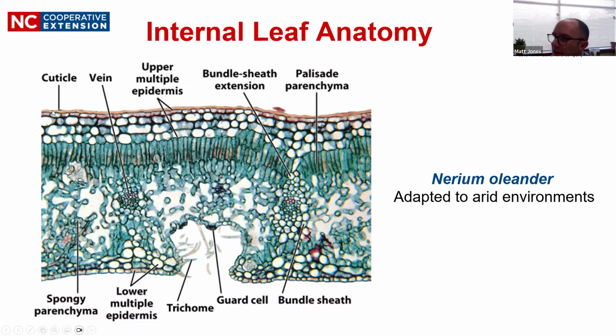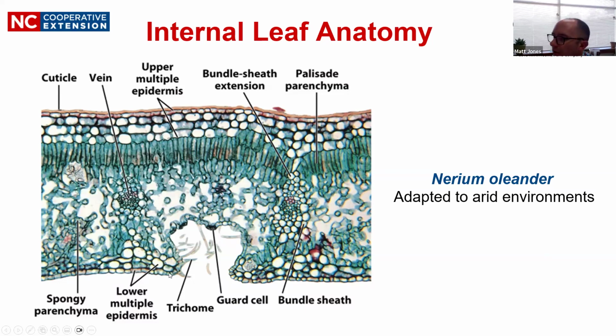One, you see a very thick cuticle. Look how waxy that is. You see an epidermis that's several layers deep. Much less chlorophyll, so that way you can allow light to pass through them and reach the palisade parenchyma or the palisade mesophyll. The spongy mesophyll is also quite deep, thick.